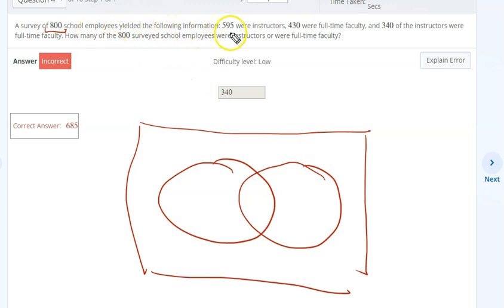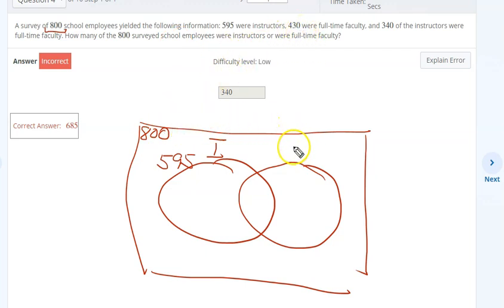The following information: 590 were instructors. So this will be instructors. This is going to be 800 here. Instructors were 595. 430 were full-time faculty, and 340 of the instructors were full-time faculty.